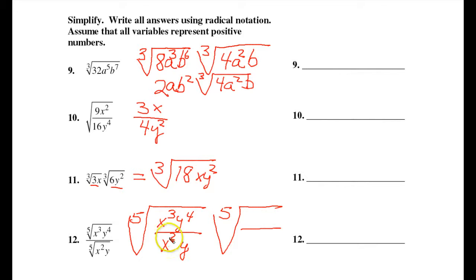Here the x squares will cancel with that, and we're just left with an x there. And here where you subtract that, we get y to the 3rd. And I guess that's about as far as you can go.